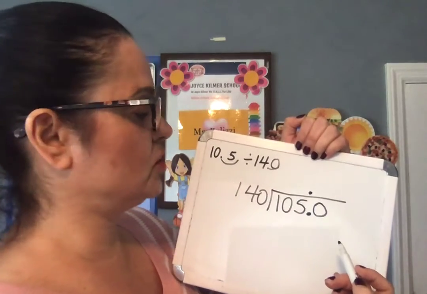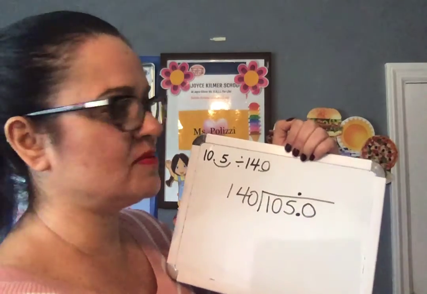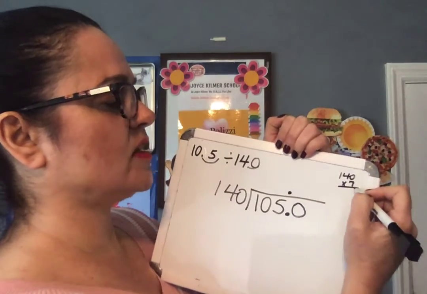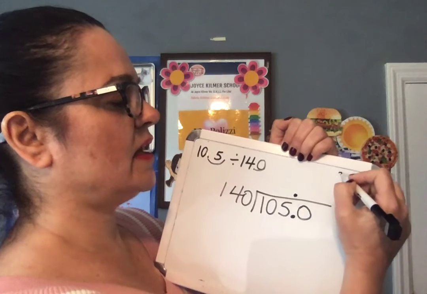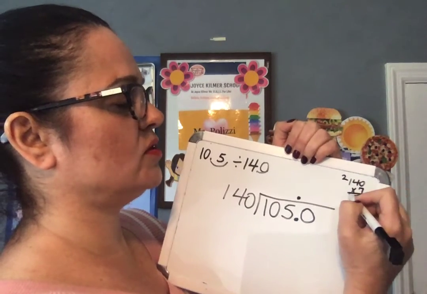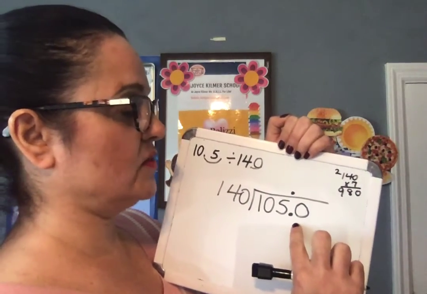Now, if you weren't sure, you could just try 140 times 5, times 6, times 7. I'm going to try 140 times 7 to see if that works. So we have 0 times 7 is 0. 4 times 7 is 28. Carry the 2. 7 times 1 is 7, plus 2 is 9. Well, that might work because it's smaller than 1050.